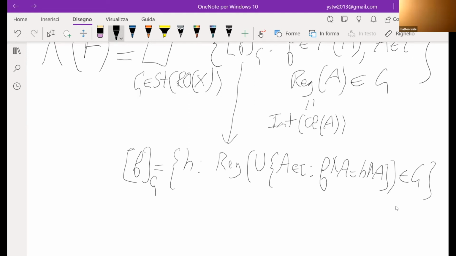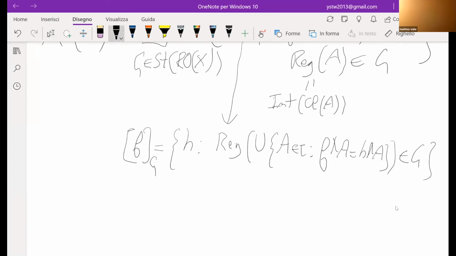I have to look at all the open sets where F restricted to A is equal to H restricted to A, and union those open sets up. I will get an open set which in general is not regular open, but then I take the regularization and check that this regular open set is in the ultrafilter.